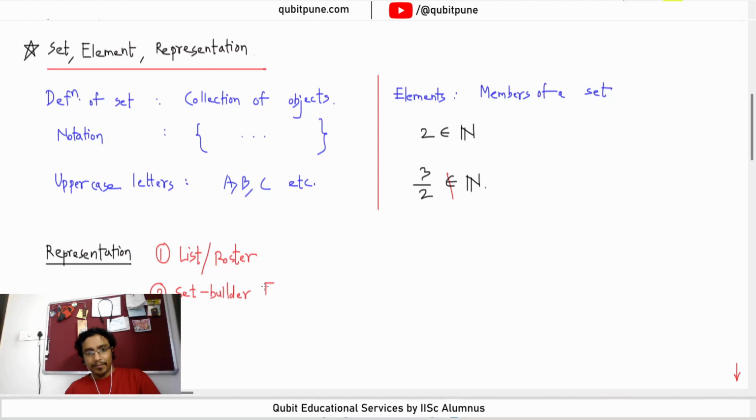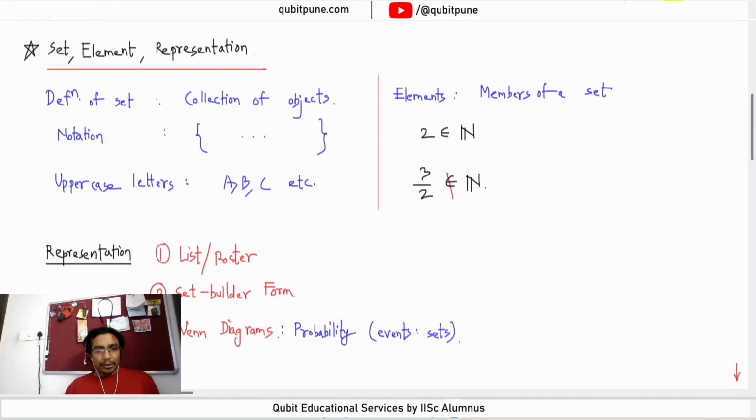And the third one is using Venn diagrams. The representation of a set using Venn diagrams is useful, especially in probability, where we consider events to be sets.